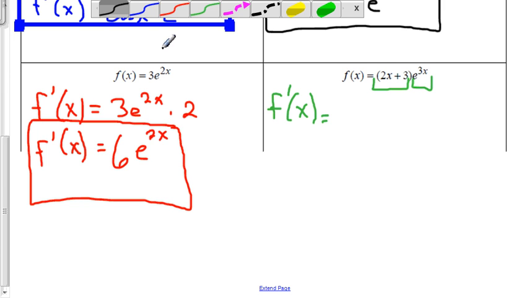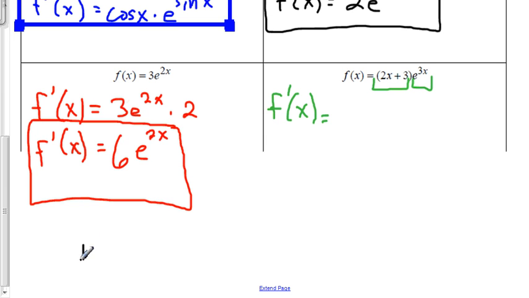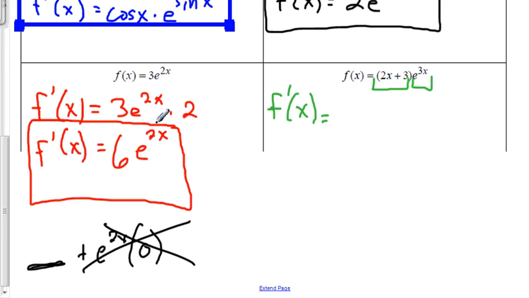If you do exactly what we just did there, that's the first times the derivative of the second, plus the second, e to the 2x, times the derivative of the first. If you had 3 as the first term and e to the 2x as the second, the derivative of 3 is 0, and that whole part would go to 0. So if your constant is one of the terms, the first or the second, then that whole part is going to go to 0.